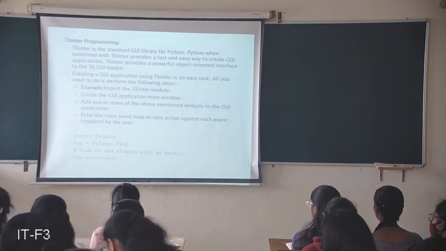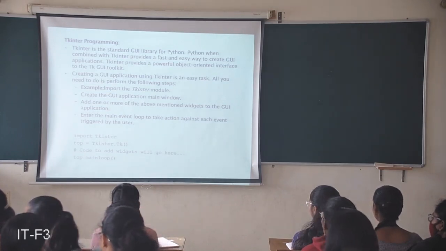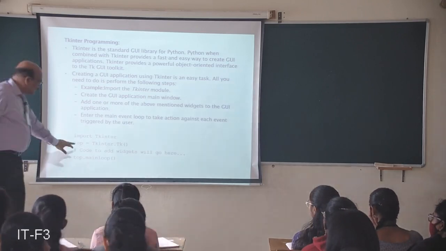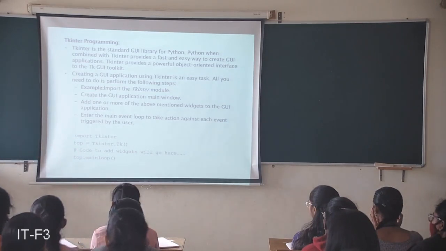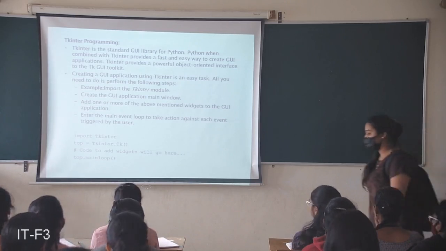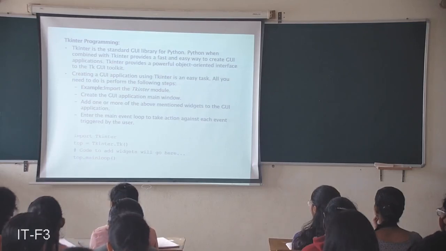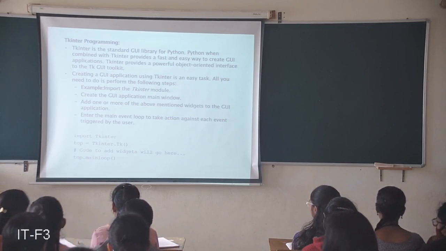Then if you want to add any widgets to your top window, you have to write all that code here. Now we don't want to add any widgets here, so we have not added that code. And after that you have to call the main loop. What the main loop does is it will invoke and continuously display the window that we have created. That is the purpose of the main loop.